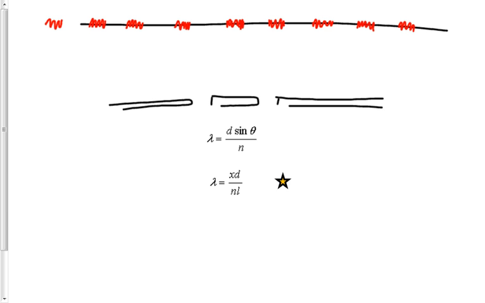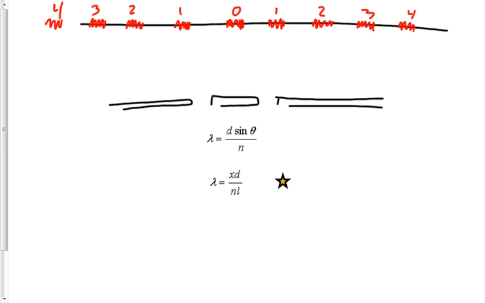This is my central maximum that we called 0. This is my first maximum that we called 1, and 2, and 3, and 4, and 1, and 2, and 3, and 4. And of course, the minimums, 0.5, 1.5, 2.5, 3.5, and so on, and so on.